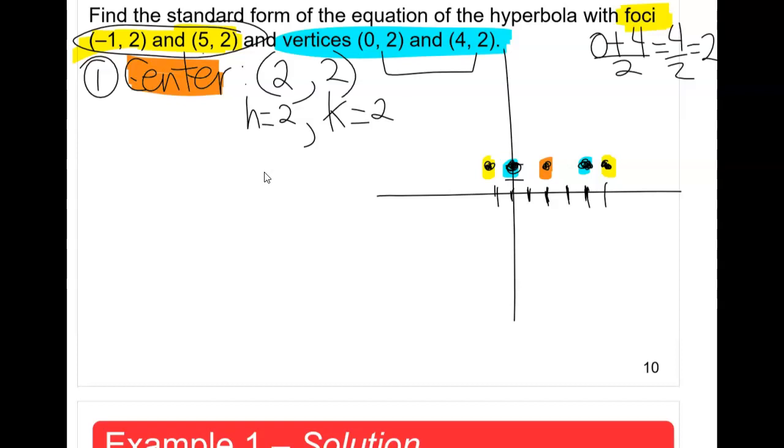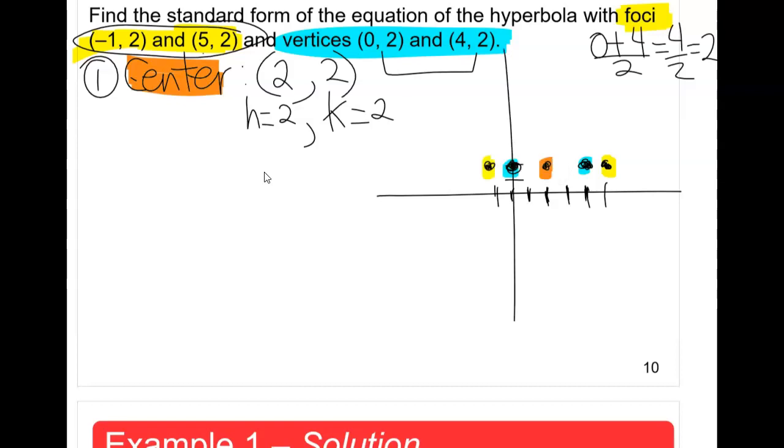Well, at this point, do we know if it's going to be horizontal or vertical? So think about it. I need to know because I need to know if I'm going to start writing x minus something squared or y minus something squared.